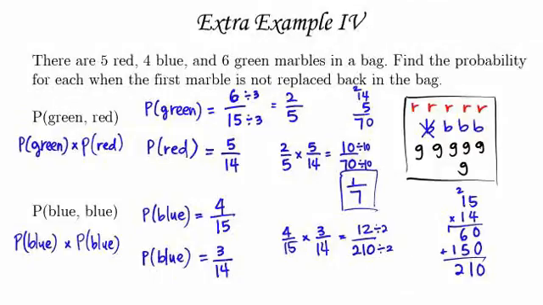So 12 divided by 2 is 6 over this. If I take the 210 and I divide it by 2, I get 105.